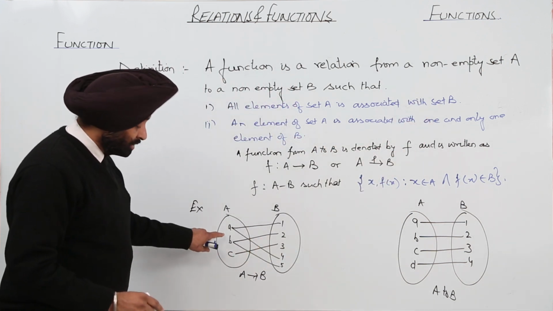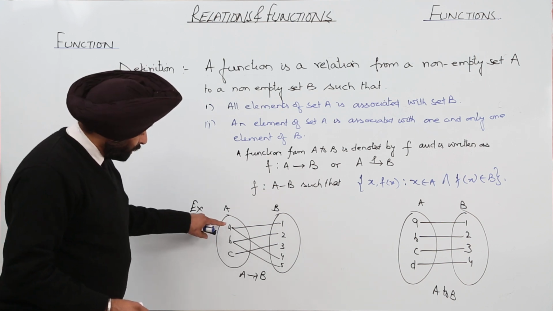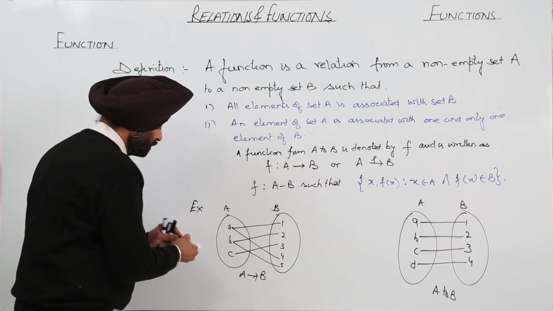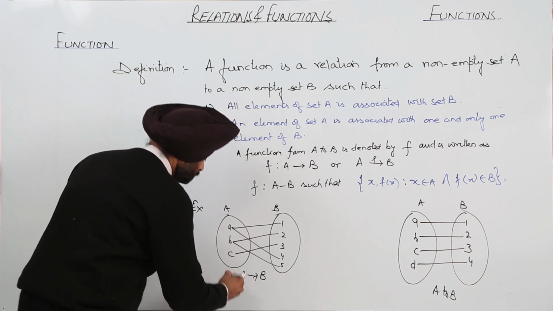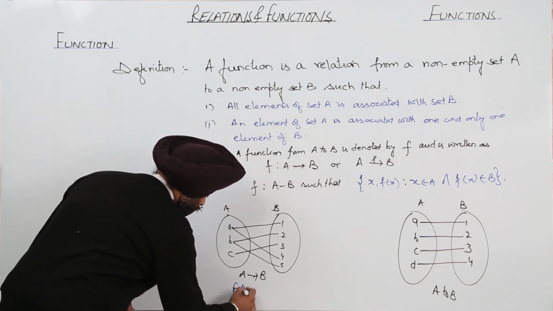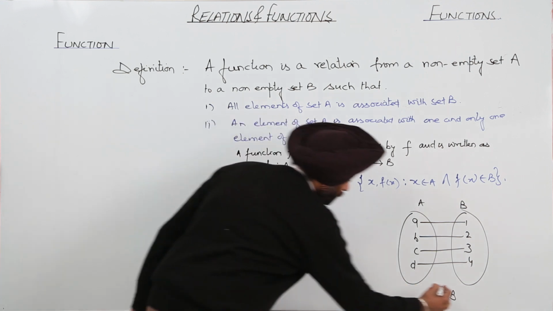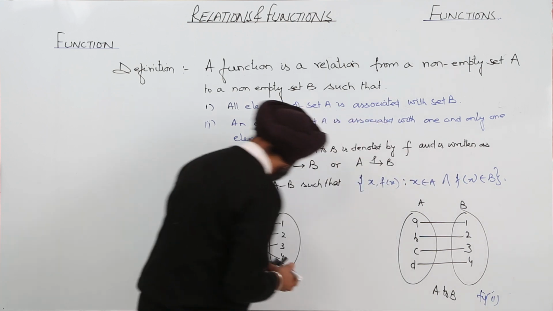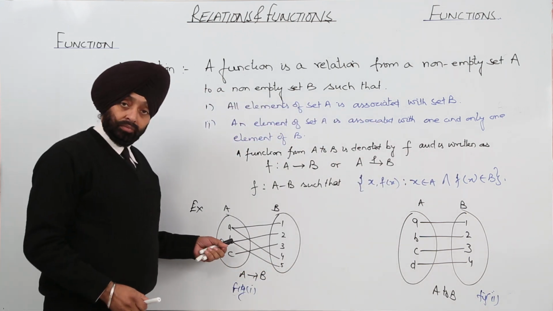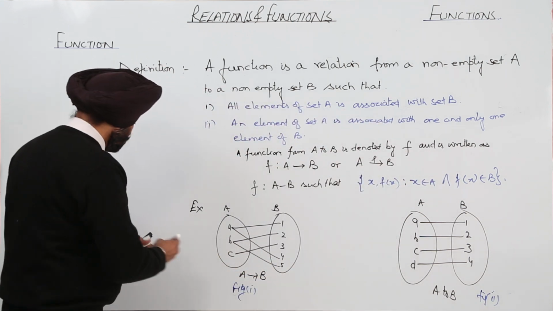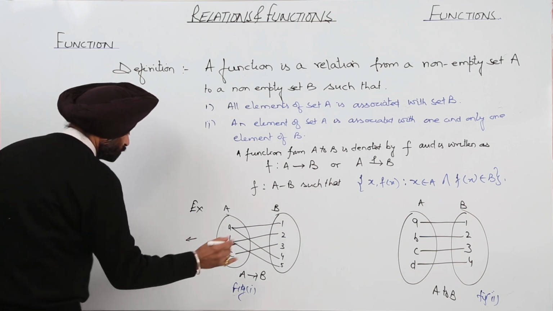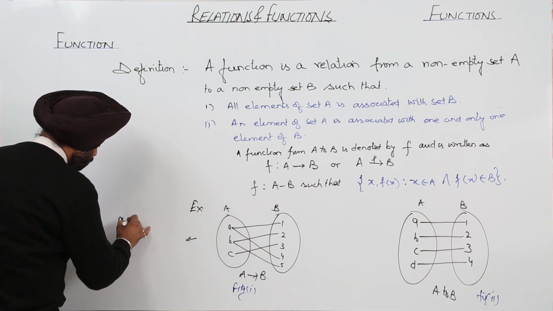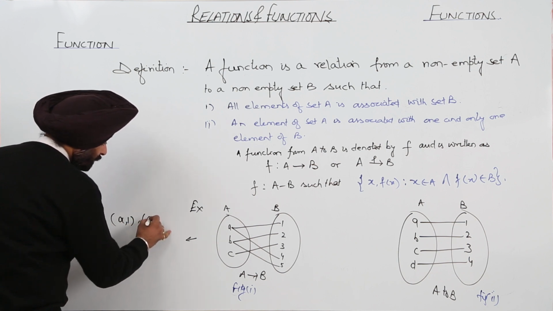It means this part here, we have used in this figure, in the first one. Suppose this is figure 1, figure 2. Okay, in figure 1, suppose I am writing only one ordered pair, it is A1 and A4.